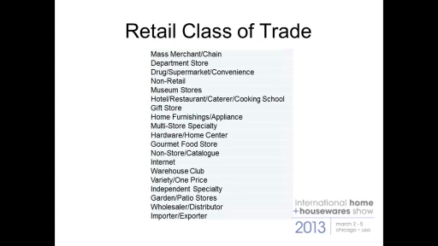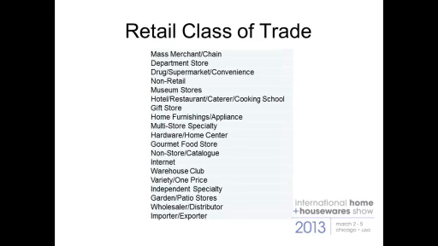Some of the little tricks of it might be of interest to you. For instance, under department store, you will find Macy's, but under internet, you'll find Macy's.com. So there are things for you to look at and consider when you select the retail channel or class of trade that you wish to reach.